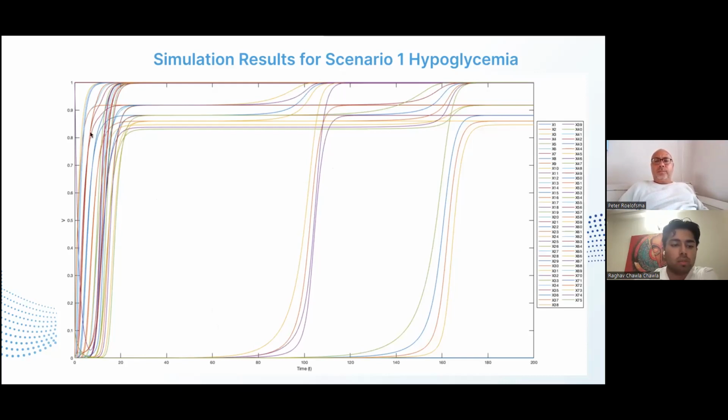So this is the ideal mental state where there's no mistakes committed by the doctor.